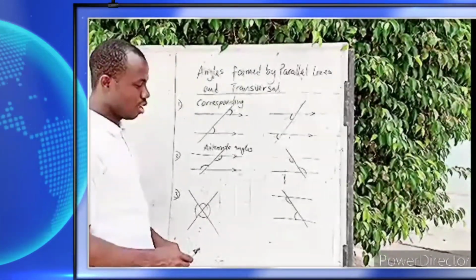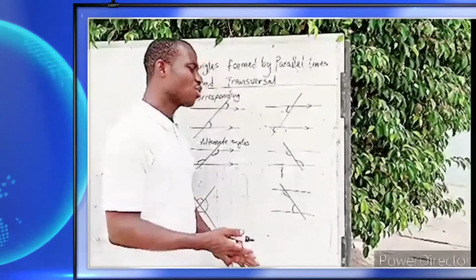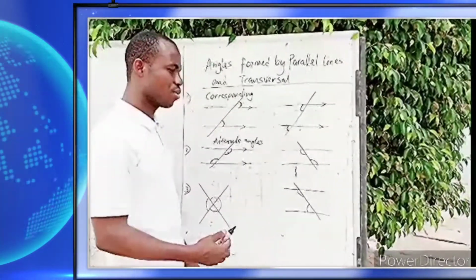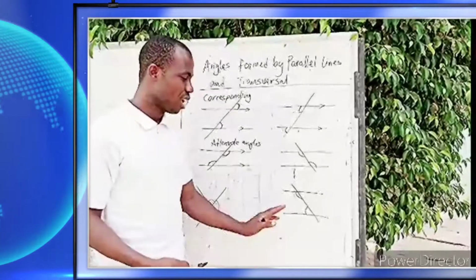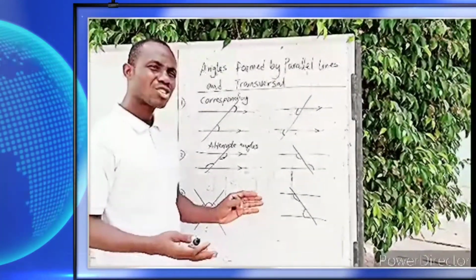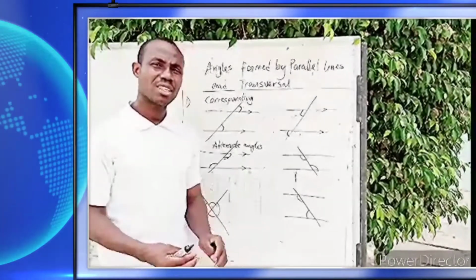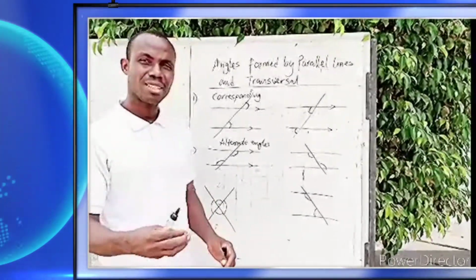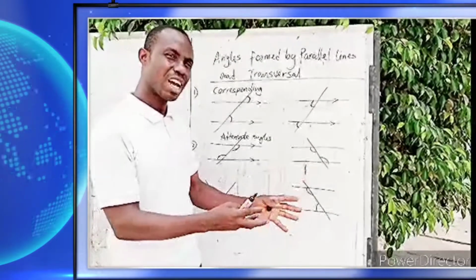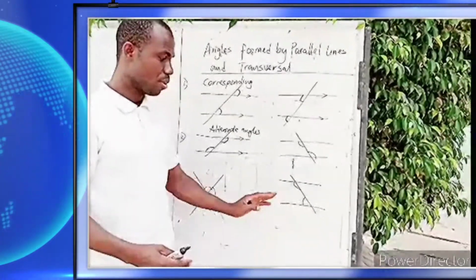Is that clear? Now, the last one, we have what we call co-interior angles. Co-interior angles are angles that sum up to give you 180 degrees. Angles that sum up to 180 degrees are generally called supplementary angles. We have supplementary angles, we have complementary angles.